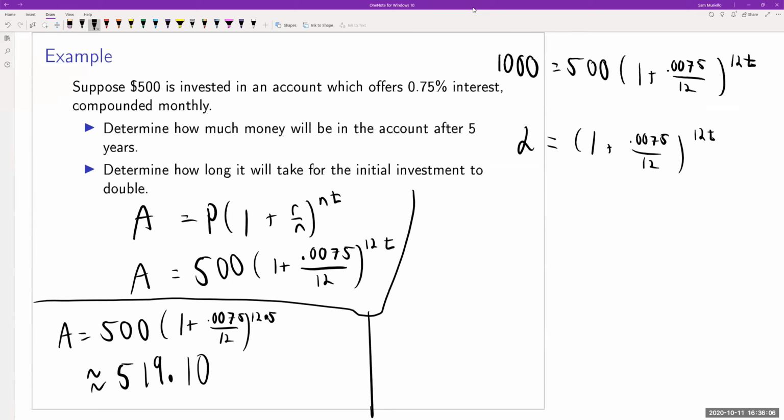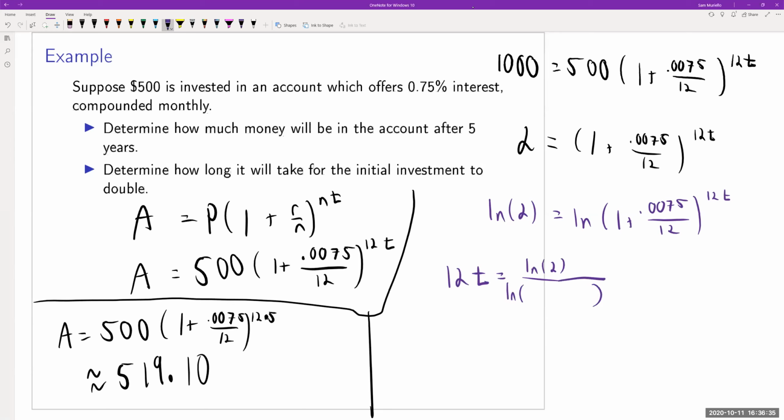Next, we'll go ahead and cancel. I don't want to use a log of this big ugly base. I'm just going to use an ln, let's say. Which will get us 12t is equal to ln of 2 divided by ln of this big chunk.